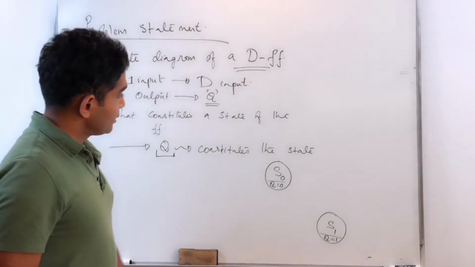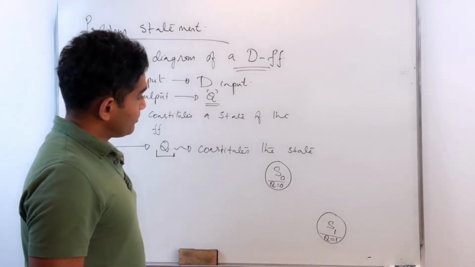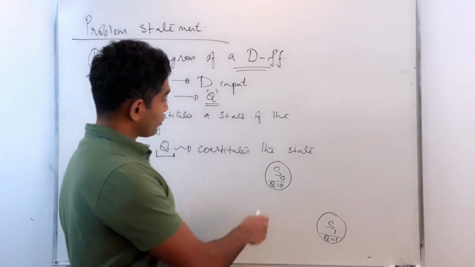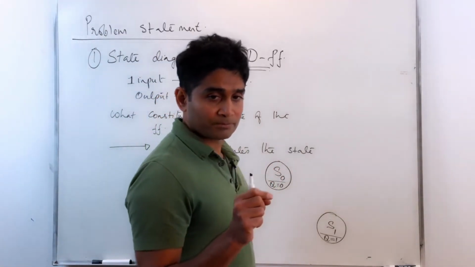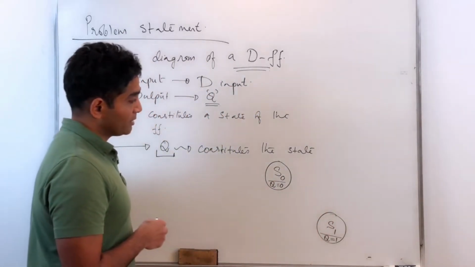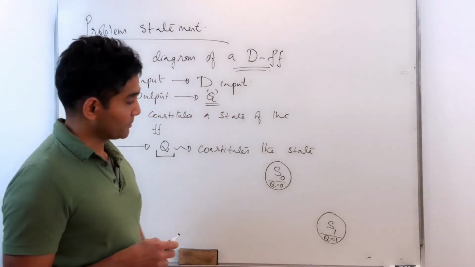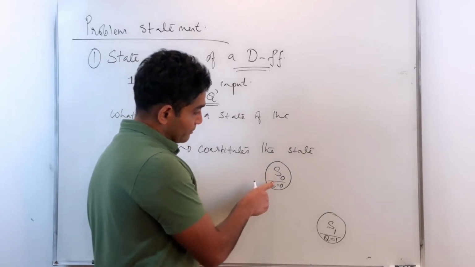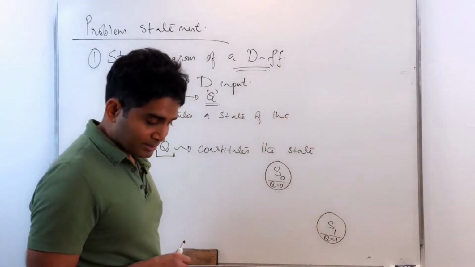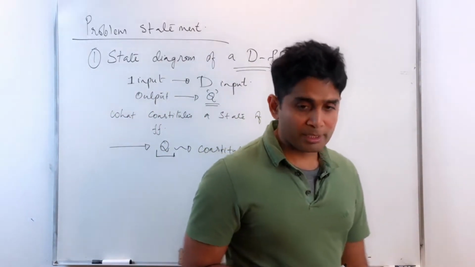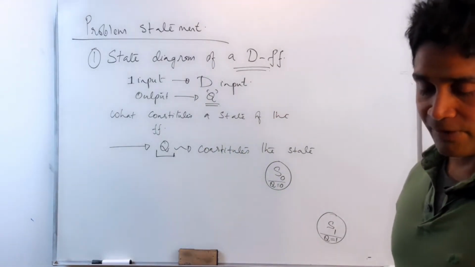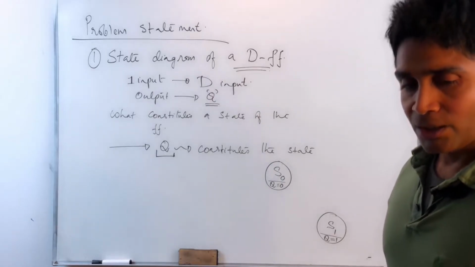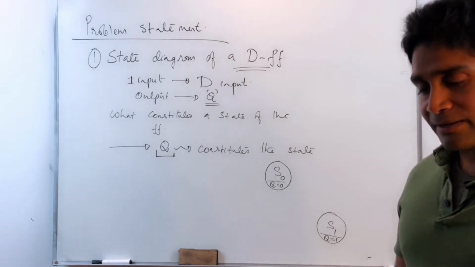Now, the way I will draw that is, again, I go to each individual state. So I'll start with the S0 state. I have only one input, D, right? So either D can be 0 or 1. If I'm in this state where my Q is 0, and if an input of D equal to 0 occurs, if I place a value of 0 on my D input, what state transition should I have?